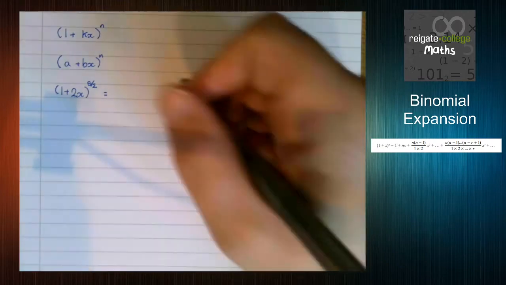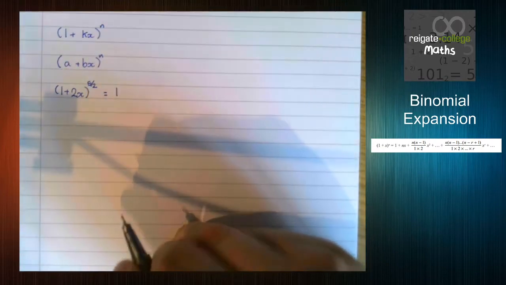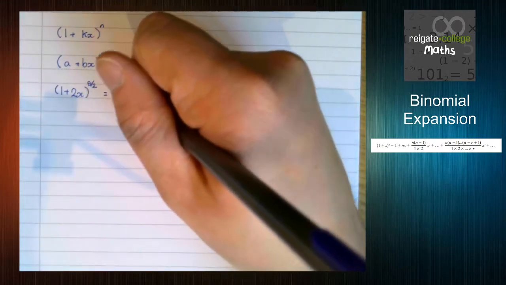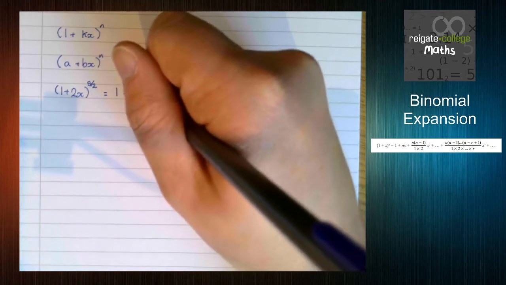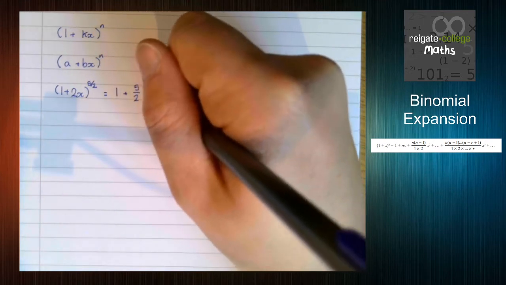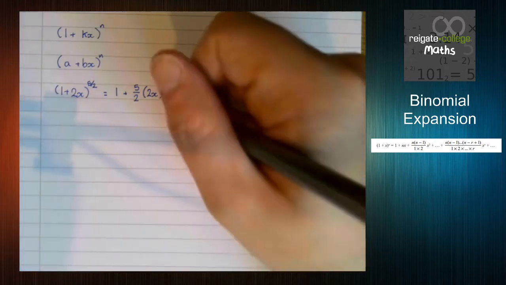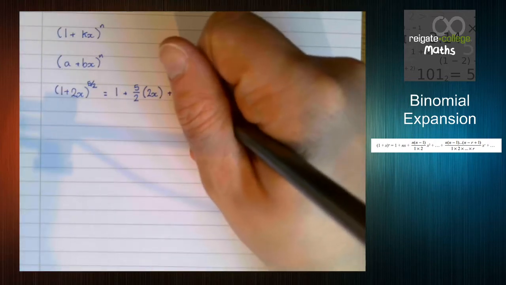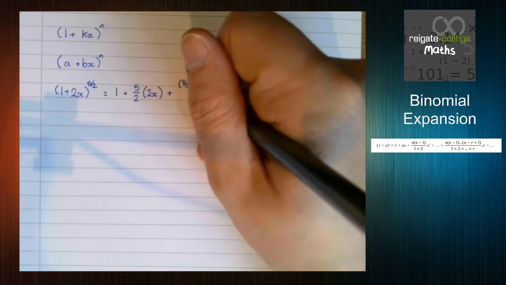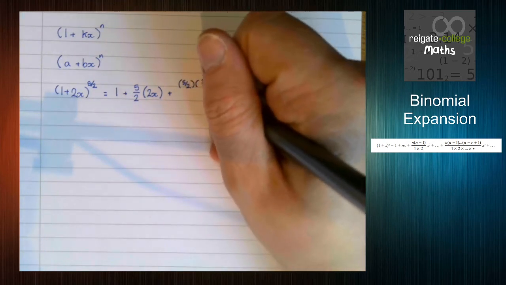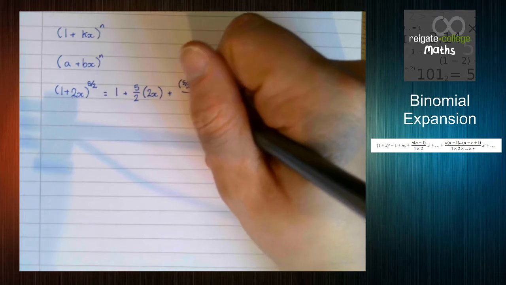So the first term of our expansion is still 1, and the second term is n times our x term, which our x term in this case is 2x. We keep going and we see that the expansion is relatively similar.